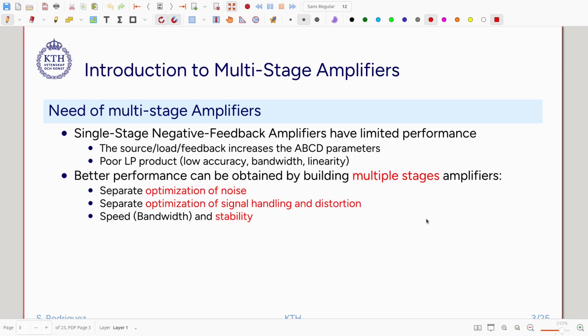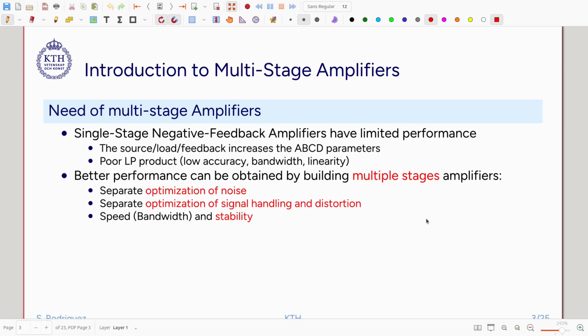The main problem is that a single stage is responsible for low noise, responsible for handling the load, and responsible for giving enough bandwidth. So there are just too many tasks for a single amplifier stage.